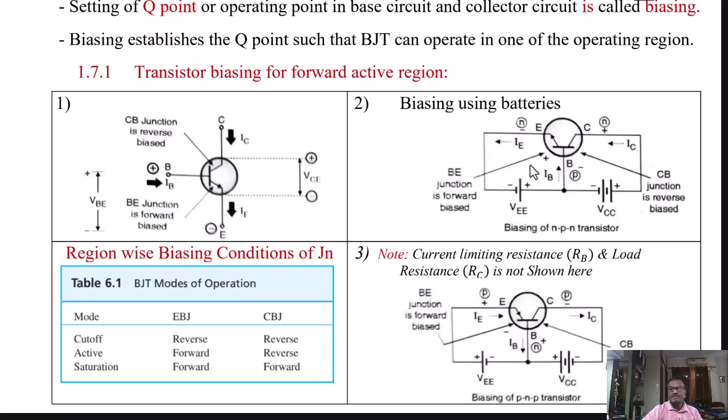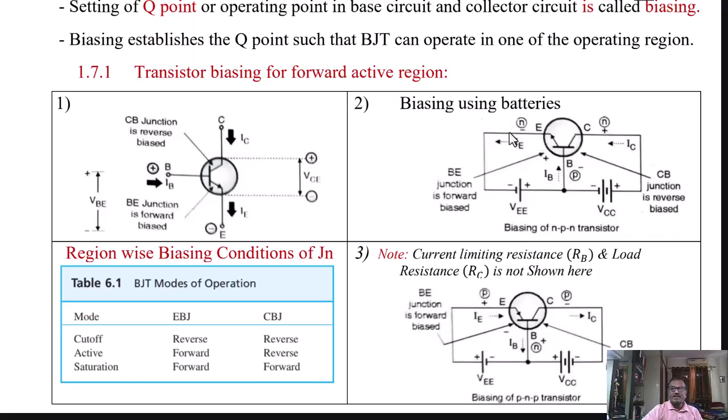For that purpose, the base to emitter junction should be kept in forward bias and the base to collector junction should be kept in reverse bias. That can be done by the VEE supply for the base to emitter junction and the VCC supply for the collector to base junction.